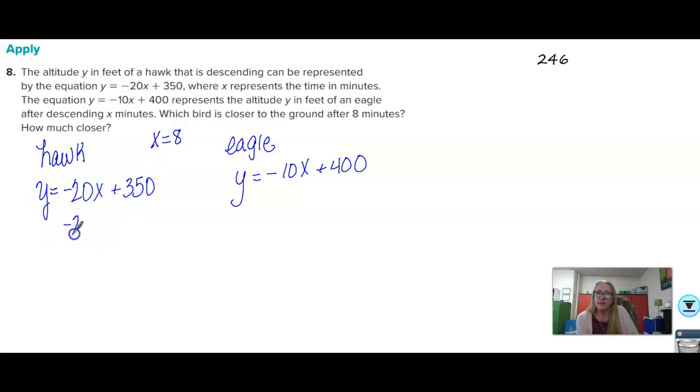So here we would have negative 20 times 8 plus 350. This guy's going down 20 feet every minute. This guy's going down 10 feet every minute. Okay. So we would have negative 10 times 8 minutes plus 400.